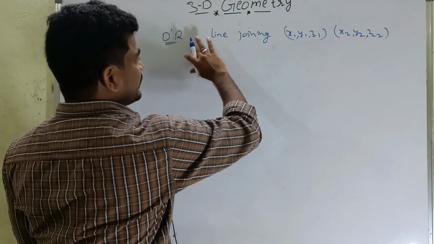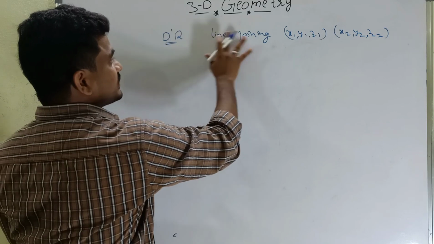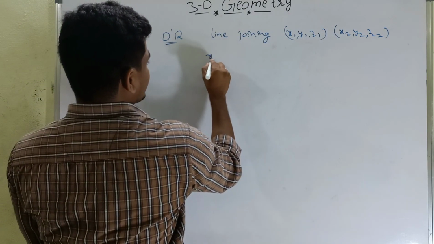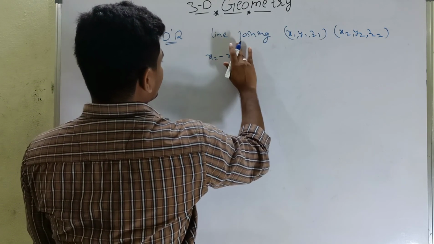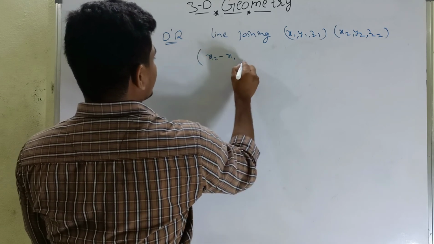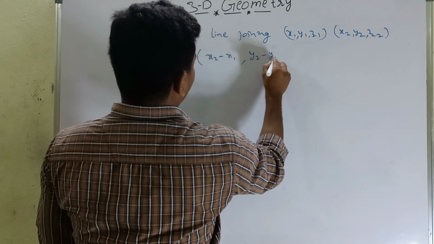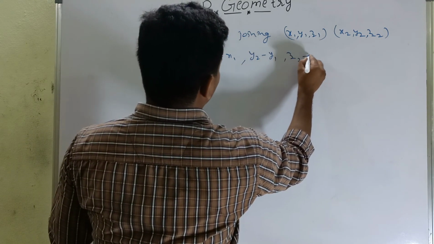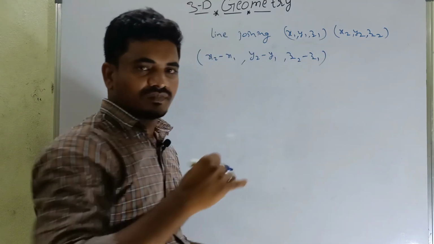So the direction ratios of the line joining these 2 points are x2 minus x1, y2 minus y1, z2 minus z1.